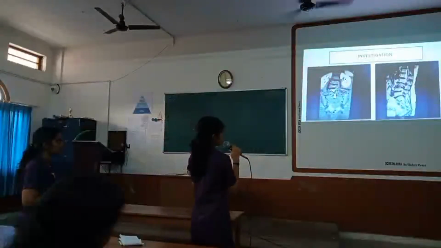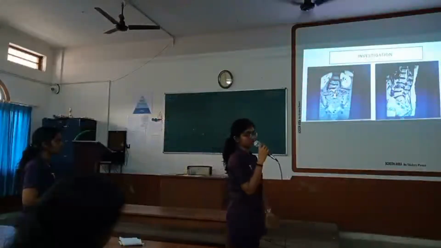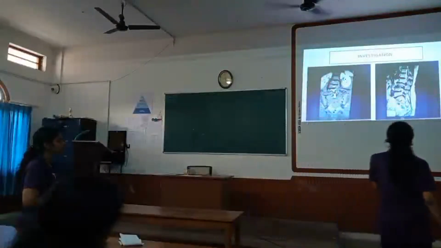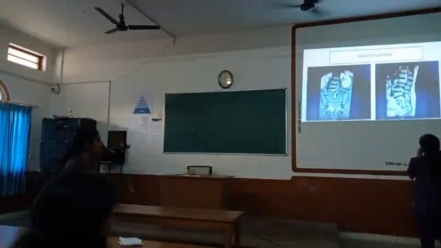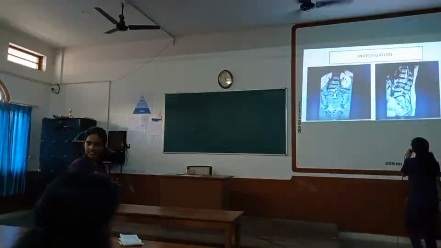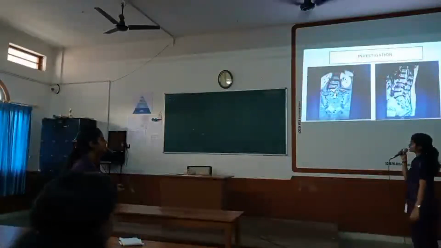This is an MRI finding. It clearly shows how degenerative the progress is. You can see a lot of degenerative effects, and in the anterior region itself there was a very evident protrusion.